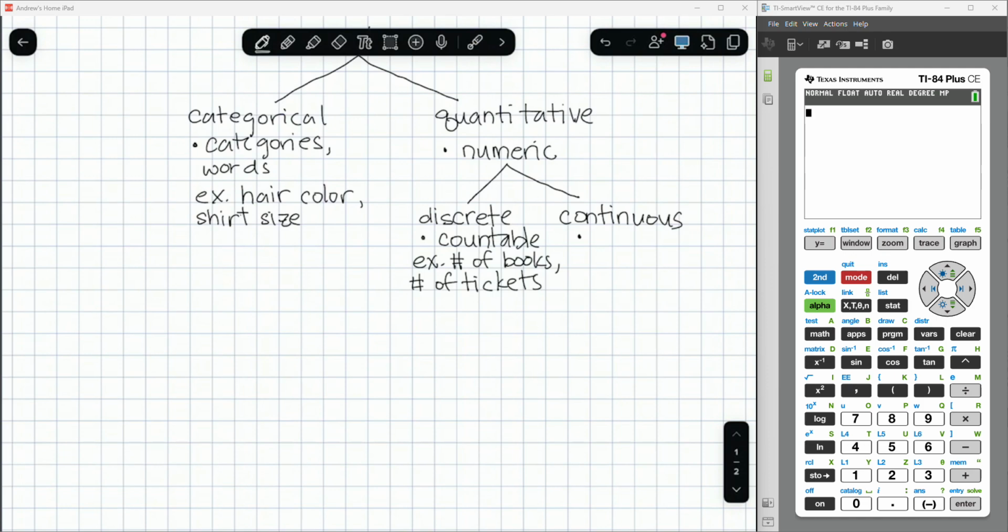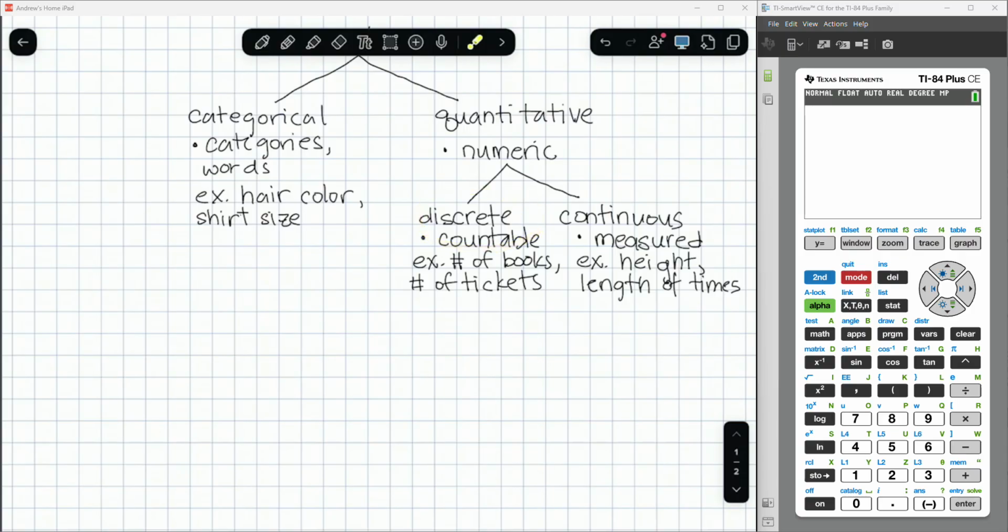Continuous data typically comes from things that are being measured. I need a ruler, I need a scale, I need a stopwatch. So for example, height. If I want the average height of students at Shasta College, height is a continuous quantitative value. Length of time standing in line would be continuous. I can have fractions in a second. Generally, discrete data is going to be whole numbers.